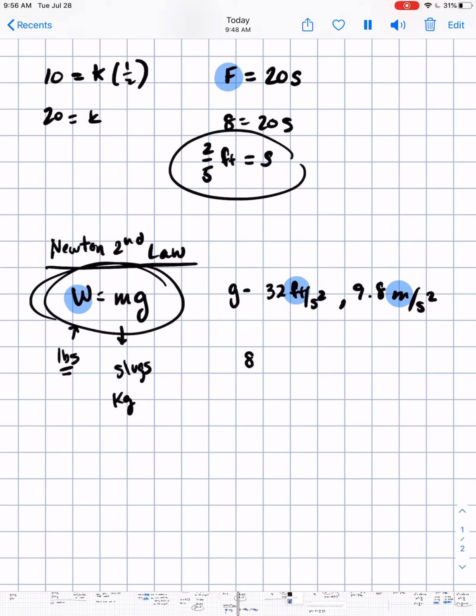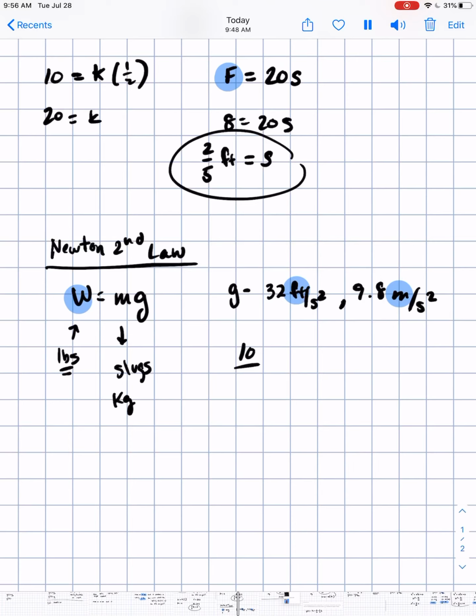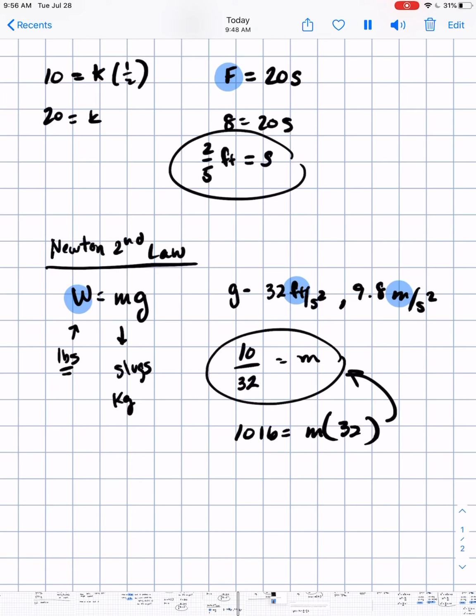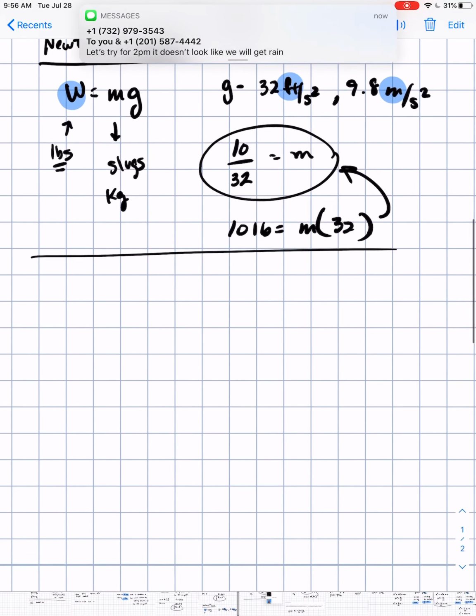So you would do 10 pounds over gravity, and let's say it's in feet, we would divide by 32, and that would be your mass, okay? So it would be like that, where the 10 pounds equals the mass times 32, right? And then you would solve, and that's how you would get that 10 over 32 for how much mass it is. So let's do our first problem.